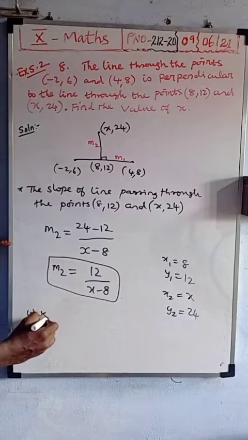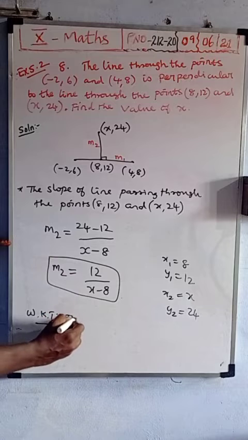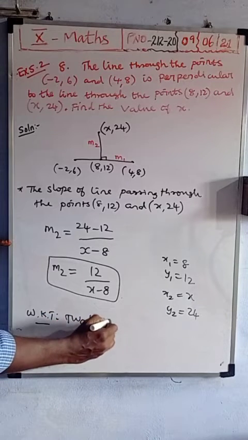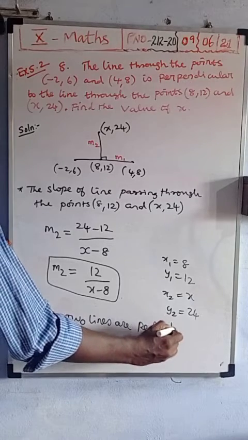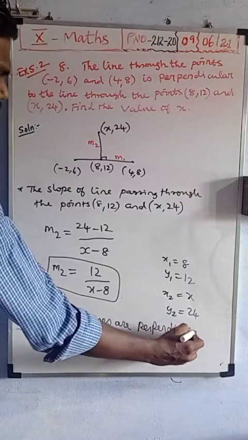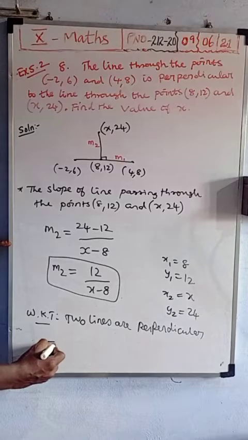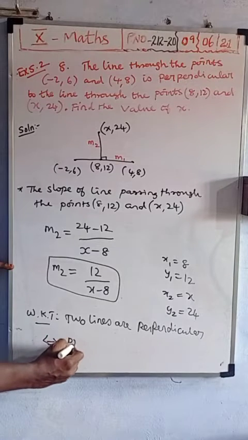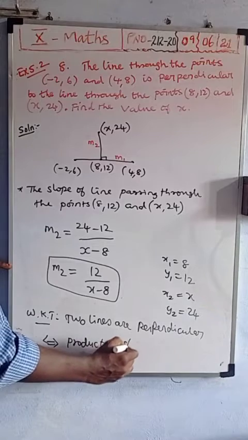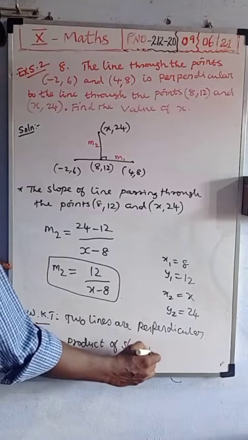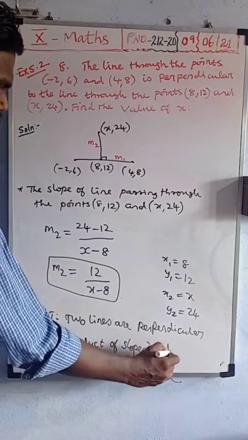Two lines are perpendicular if and only if the product of their slopes is -1.